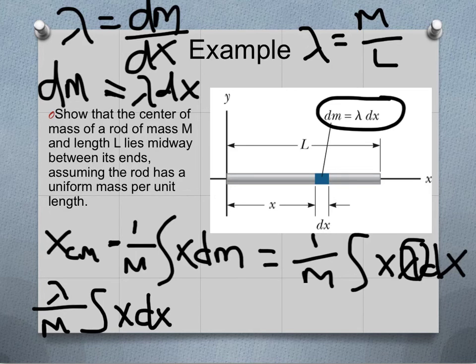But what are my bounds here? If I'm looking at the graph they gave me here, this rod is lying on the x-axis. So we could say from 0, because it looks like we're starting at the origin, to ultimately L, which represents the length of that rod.